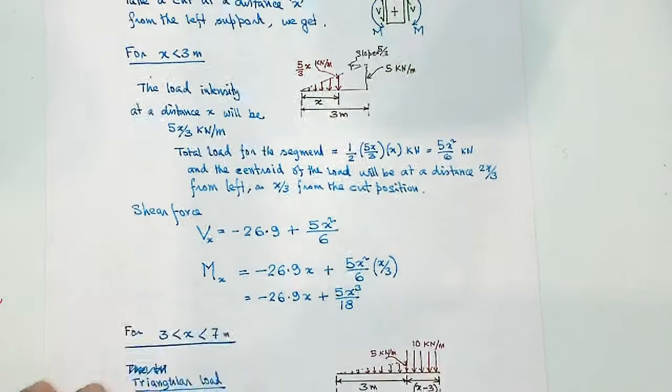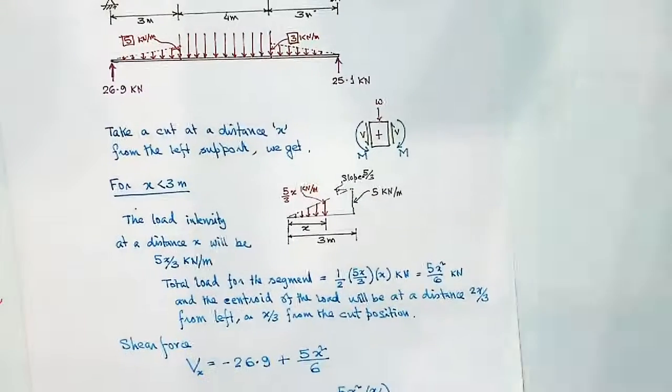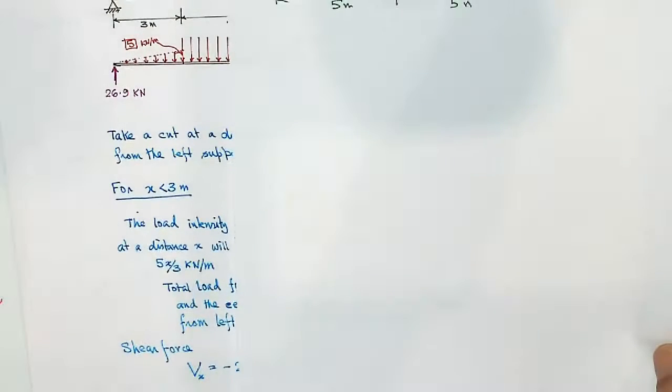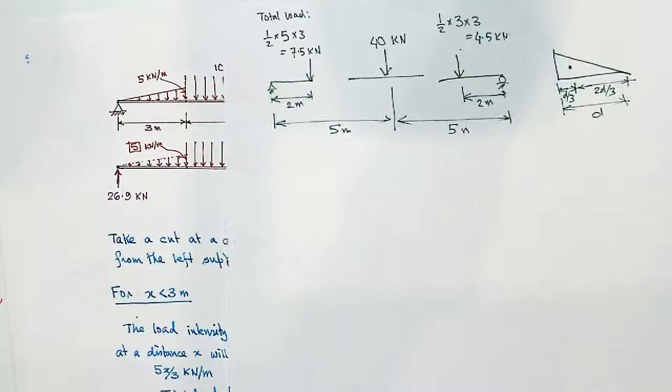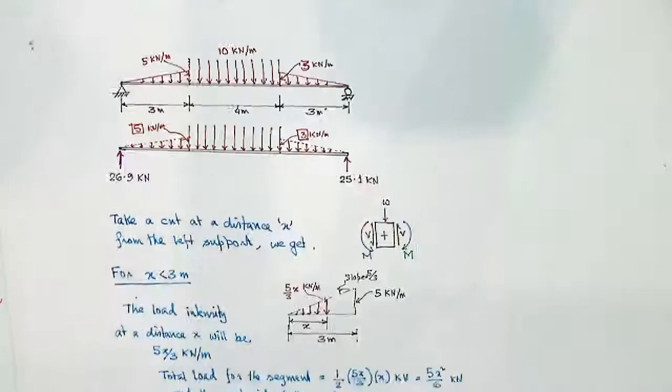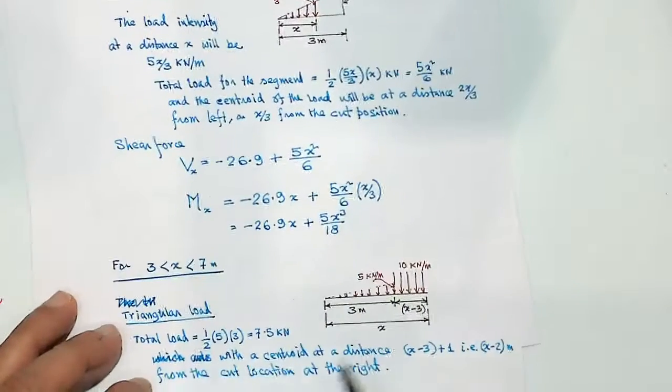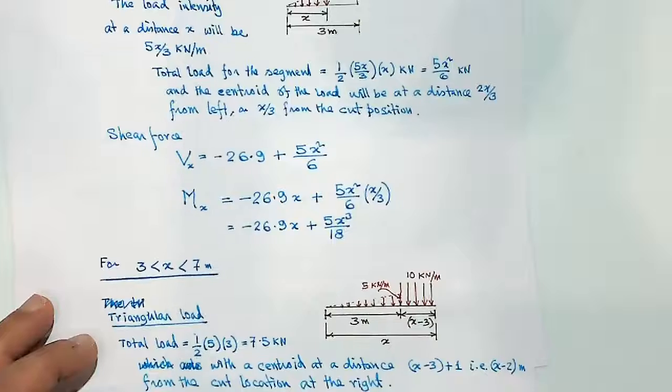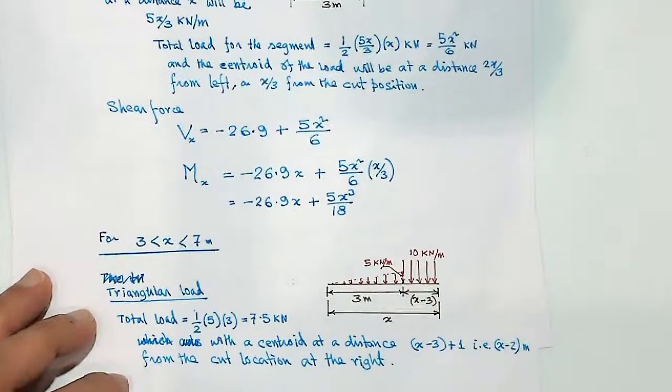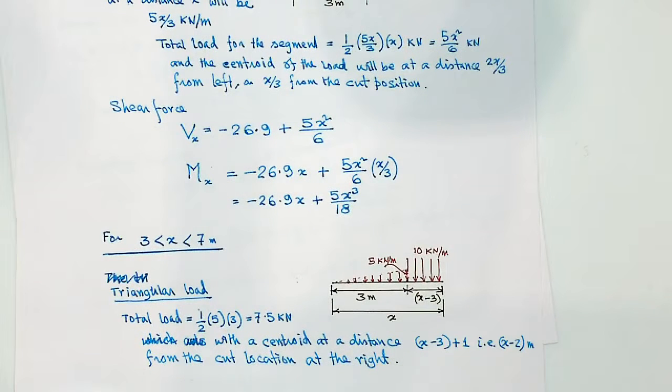Now when you go for the next one, if you take the section over here, so part of the middle bit is there, so the load train would be something like this. So you have got the full triangular load plus a bit of 10 kilonewton per meter.